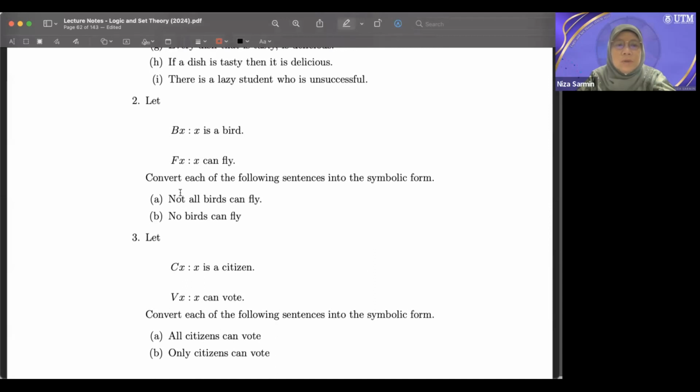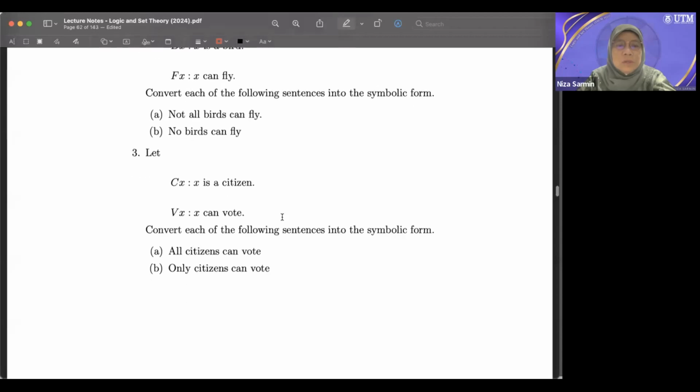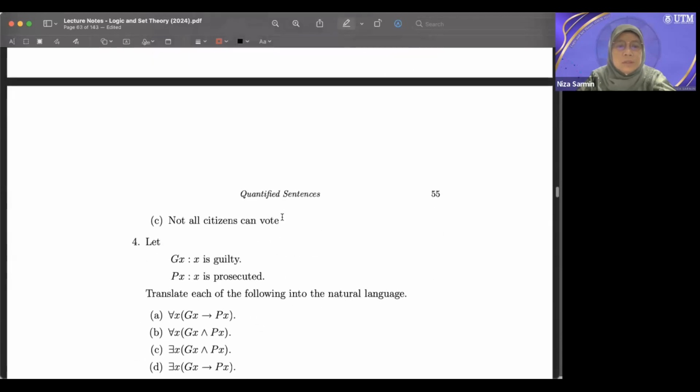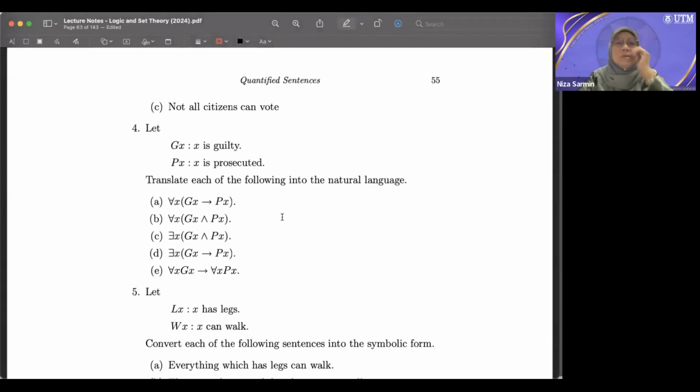Not all, so use not all. No birds, no exists. Okay, what about this one? For all X, if X is guilty, then X is prosecuted. That is the direct translation.